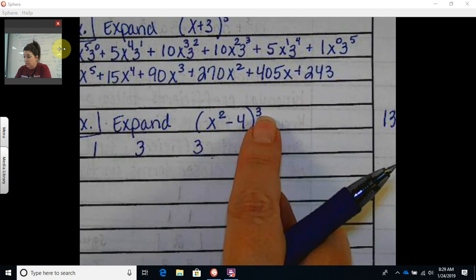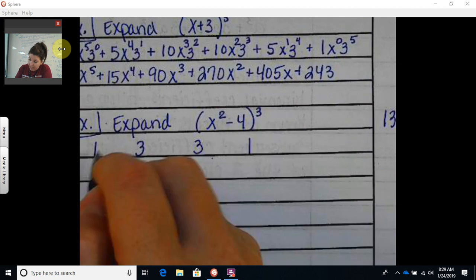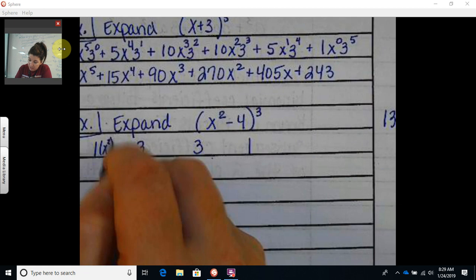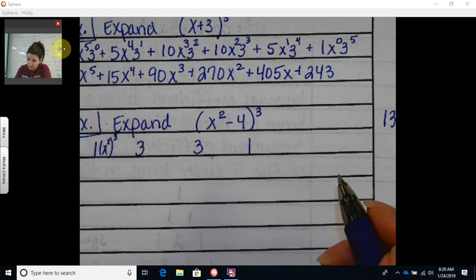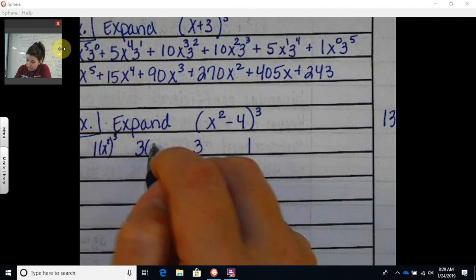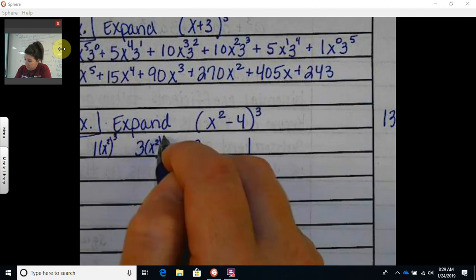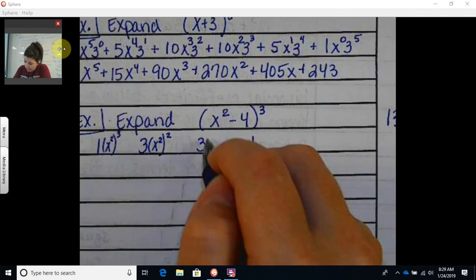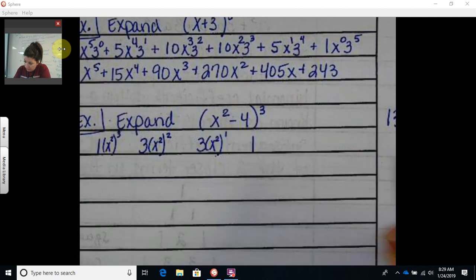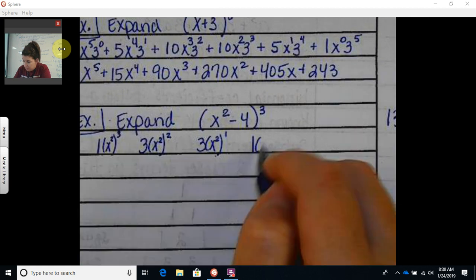So it has an exponent. It's going to have another exponent. So x squared will be raised to the third power. And then x squared will be raised to the second power. I should have written with a thinner pen. And then x squared will be raised to the first power. And then x squared will be raised to the 0 power.